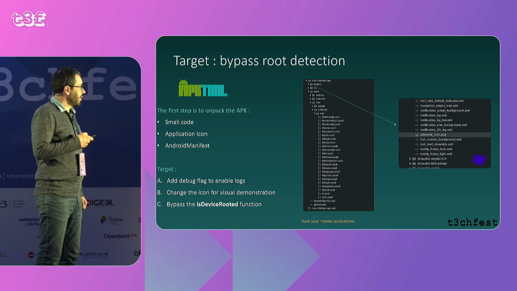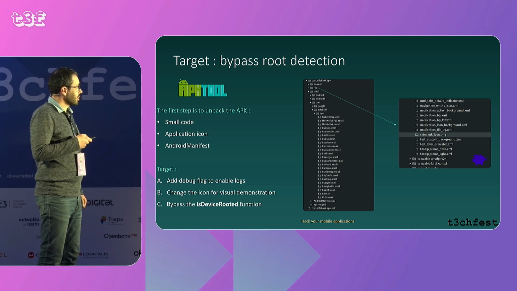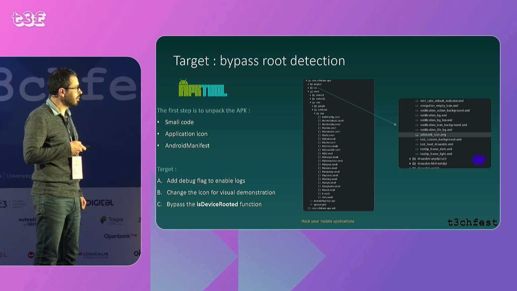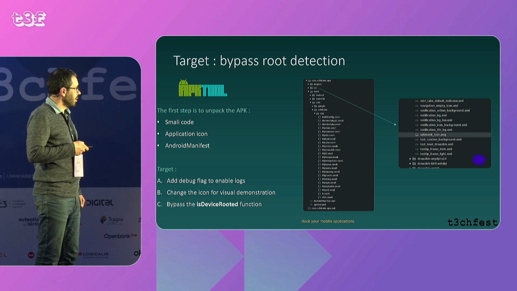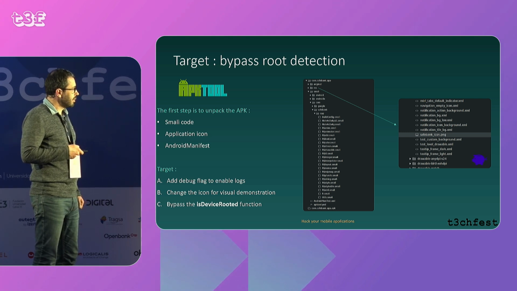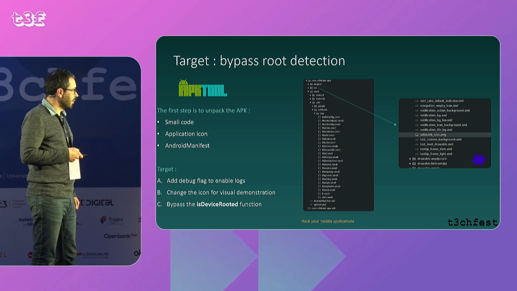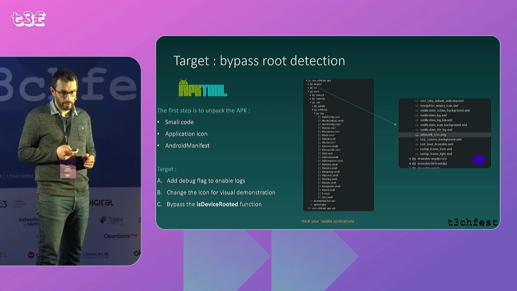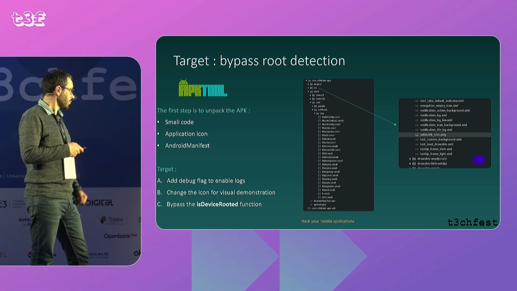Then I will check what is in this file. So you can see some resources. Here I see an icon with other XML files. You have Smali files here, okay, and AndroidManifest.xml if I want to change some configurations.